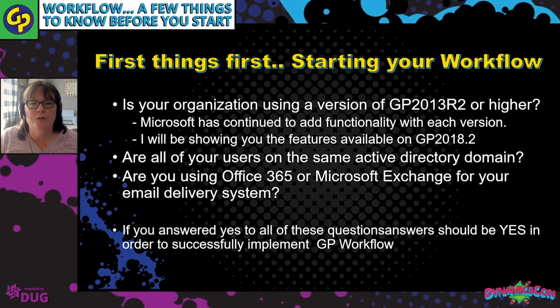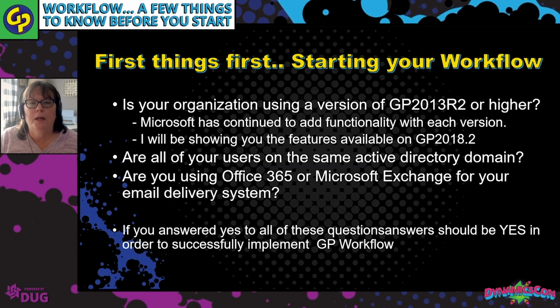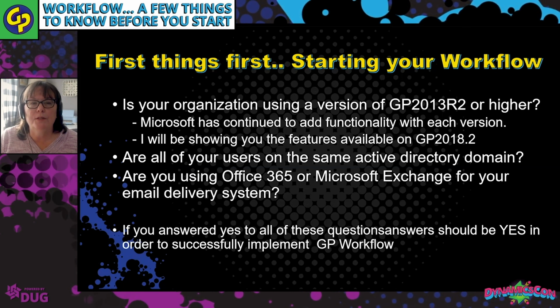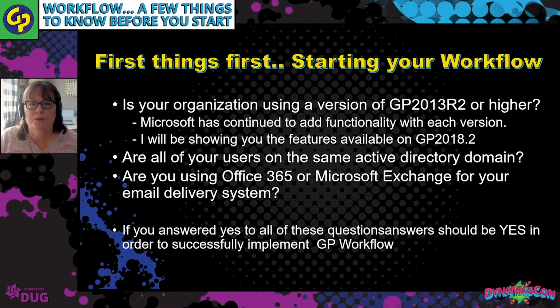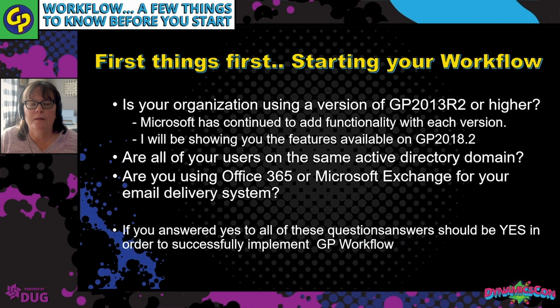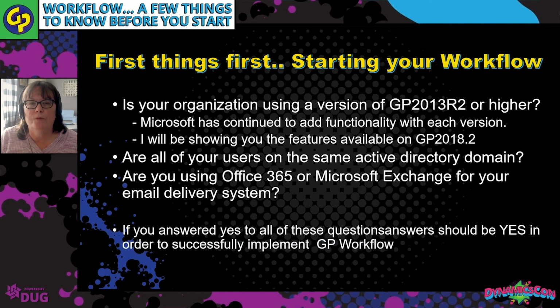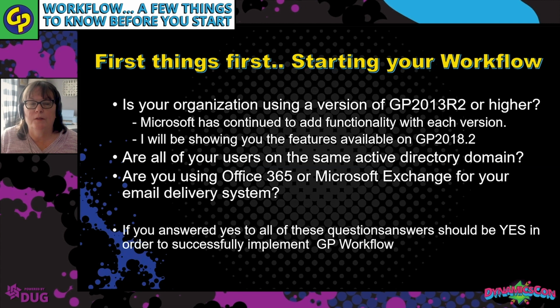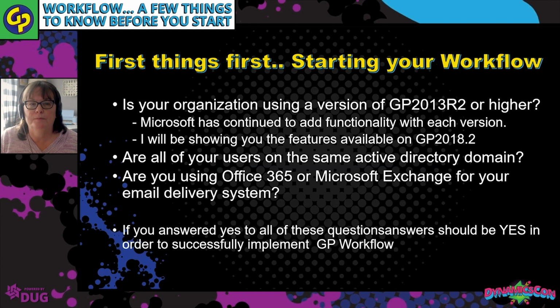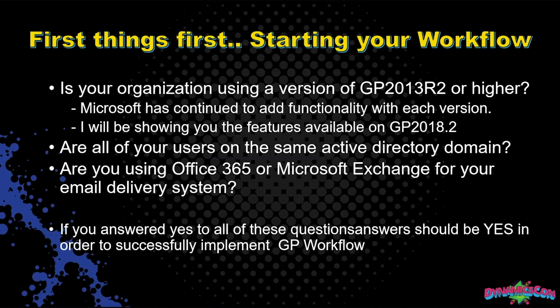If you're not, of course, you can talk to your partner about upgrading to a later version. Microsoft has continued to add functionality with each version from GP 2013 R2. That's where it began and has added more functionality as the years progressed and the different versions have been released. I'll be showing you the features that are available in GP 2018.2.